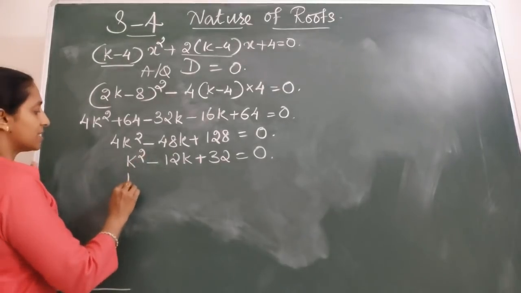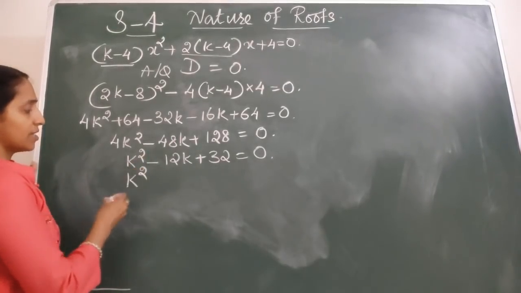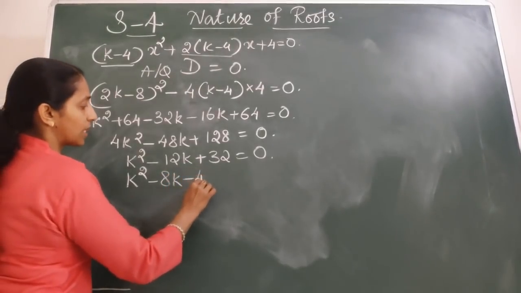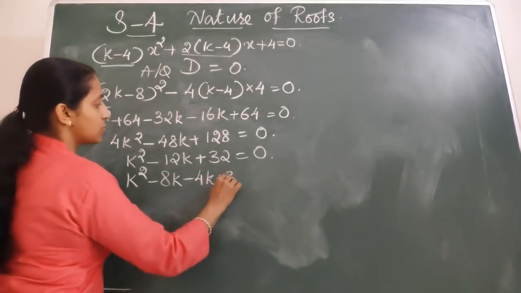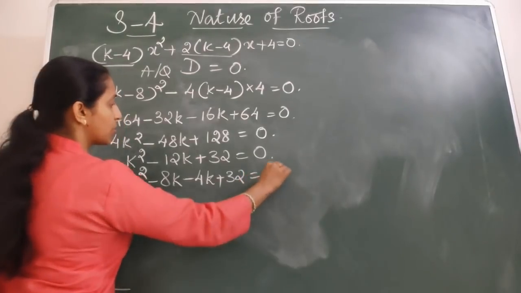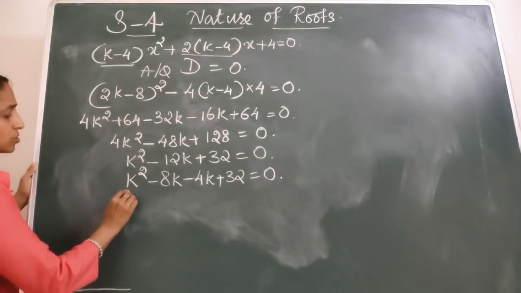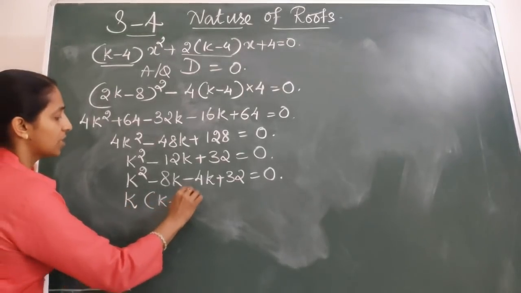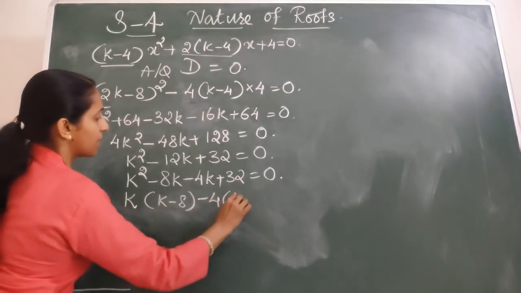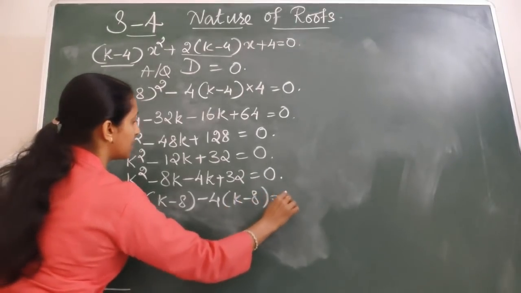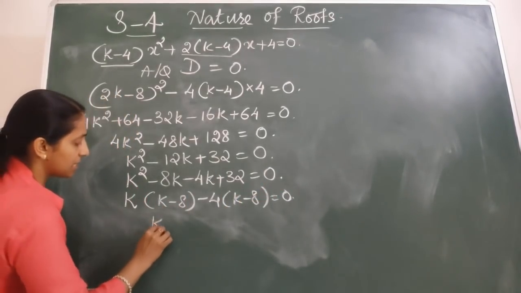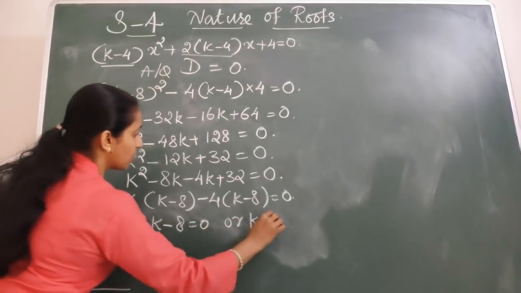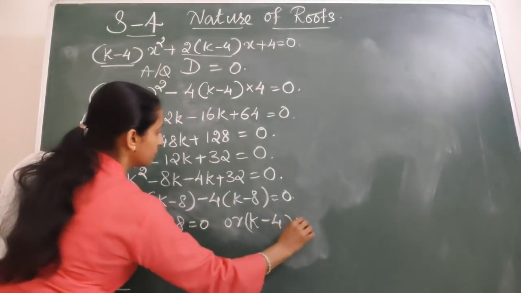So you split the middle term: k square minus 8k minus 4k plus 32 equal to 0. Then applying the zero product rule, we get k into (k minus 8) minus 4 into (k minus 8) equal to 0, which implies that either k minus 8 equal to 0 or k minus 4 equal to 0.